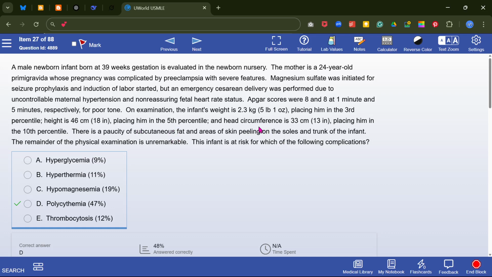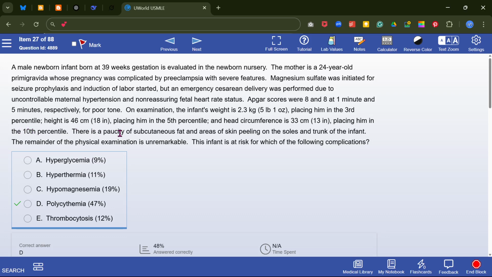Look at the examination. The infant's weight is 2.3 kg, placing him at the third percentile. Height is 18 inches, placing him at the fifth percentile, and head circumference is 33, placing him at the 10th percentile.